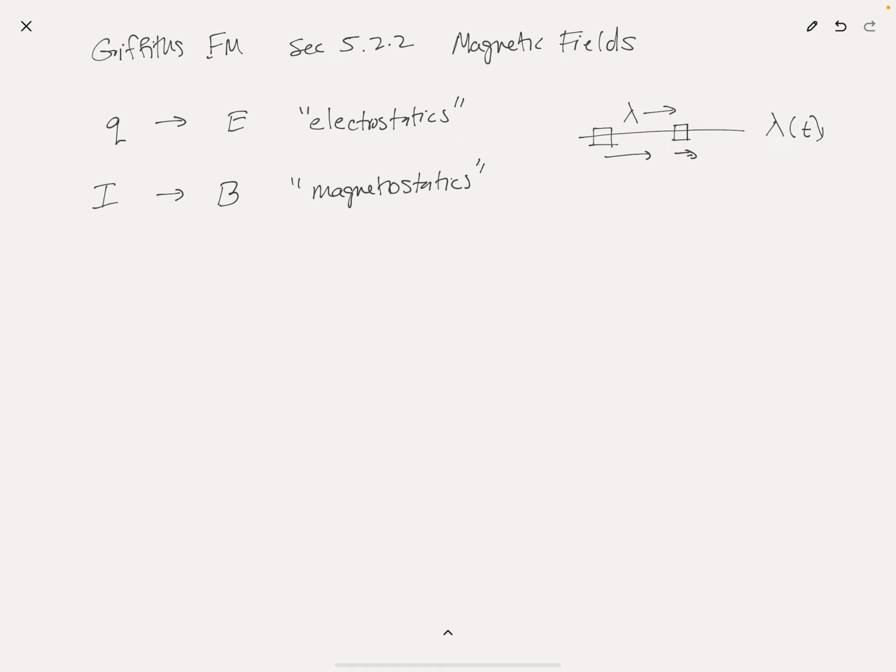Okay. So more generally, we're going to say that steady currents are where the time rate change of the charge density is zero, and the time rate change of the current density is also zero.